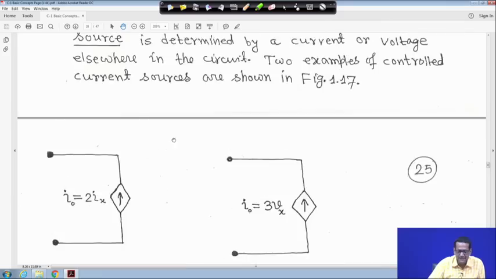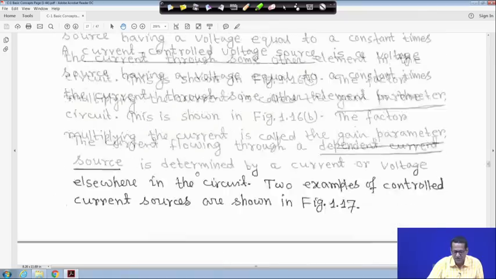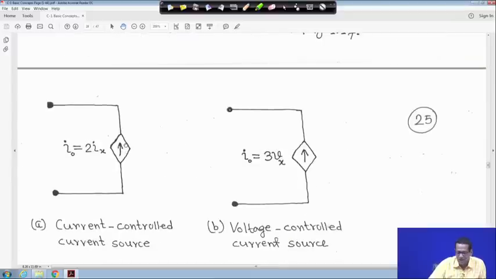And another thing is that whenever we show plus minus for the voltage source, similarly for the current source, whenever the arrow is upward, it means the current is leaving this terminal, that is, the current is flowing upward. So current is flowing like this.